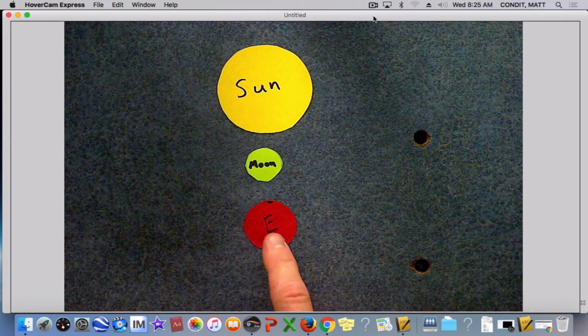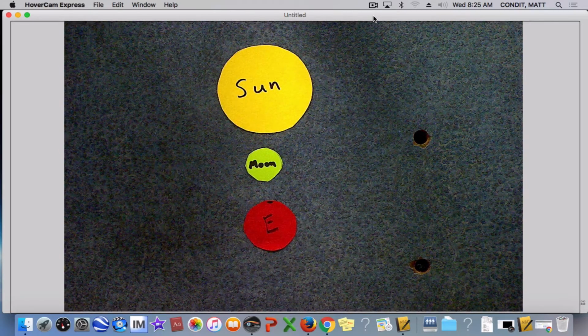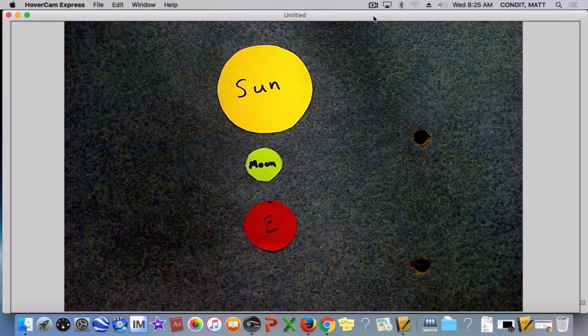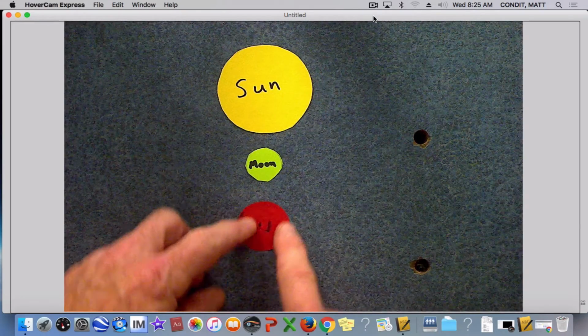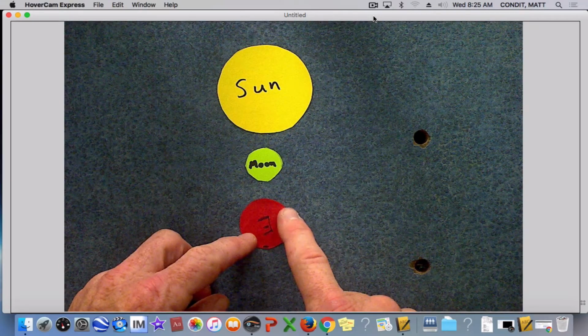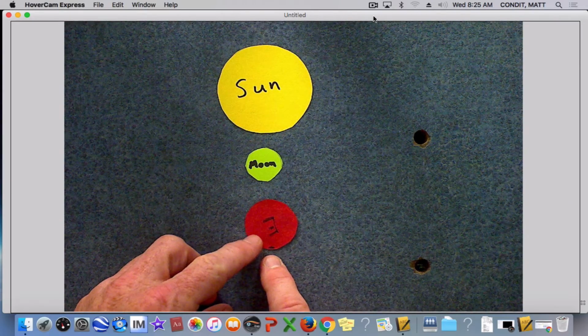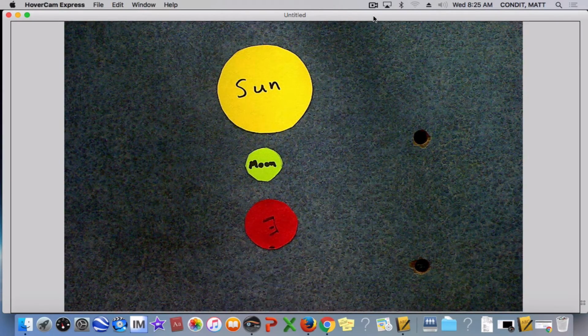However, the Earth rotates once every 24 hours. So if 12 hours goes by, we will notice a change in that, and we need to just move this so that the spot here, or the arrow on your drawing, is now facing away, showing that we've had 1/2 of a rotation of the Earth, because a full rotation is 24 hours, and so 12 hours will be 1/2 of that rotation.